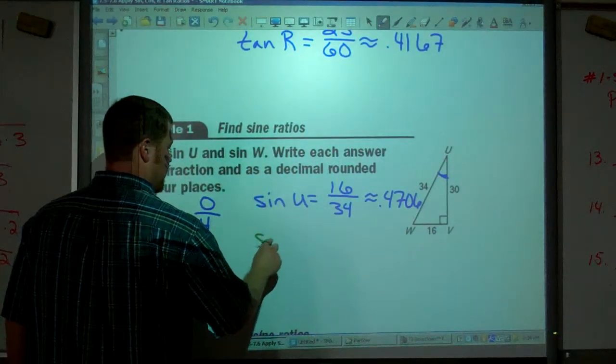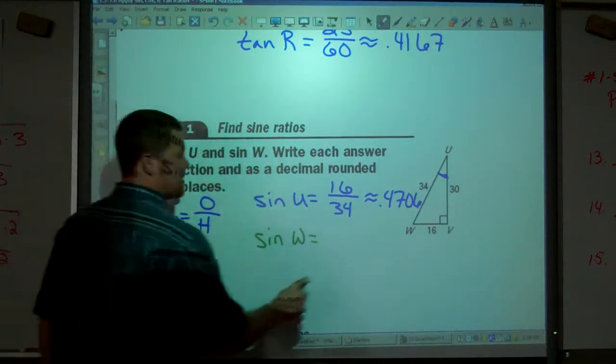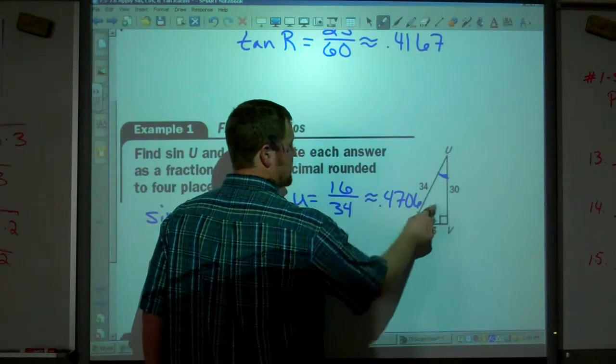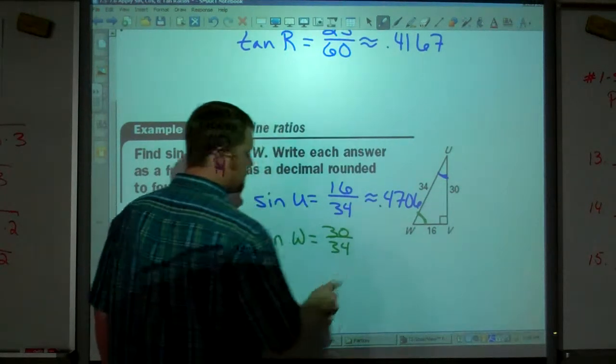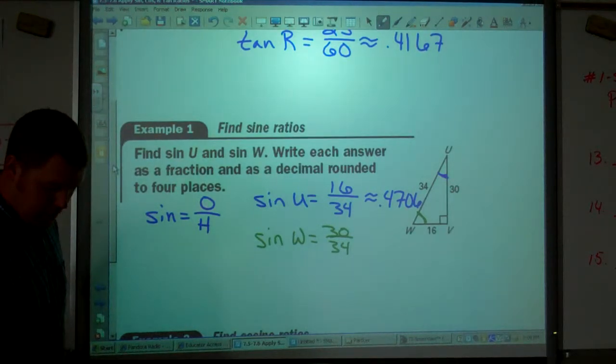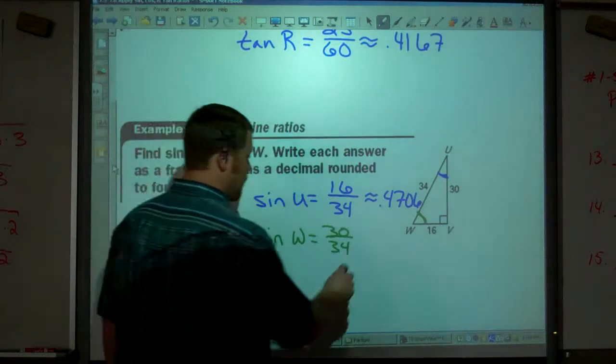And then the sine of angle W. Again, it's opposite over hypotenuse. Here's angle W. Opposite is 30. Again, hypotenuse is still 34. 30 divided by 34 is about 0.8824.